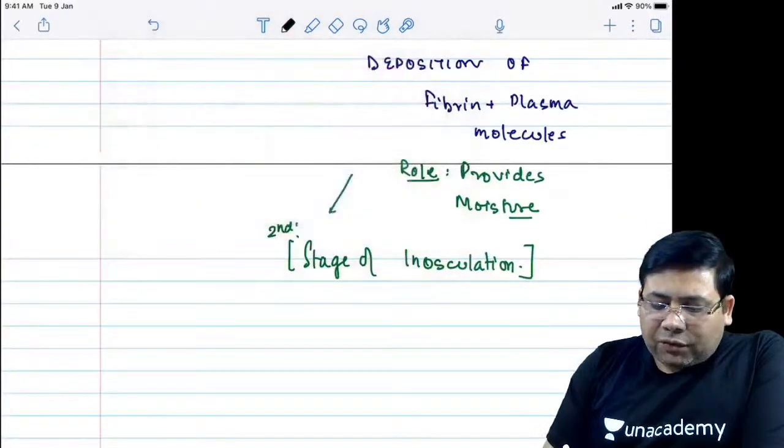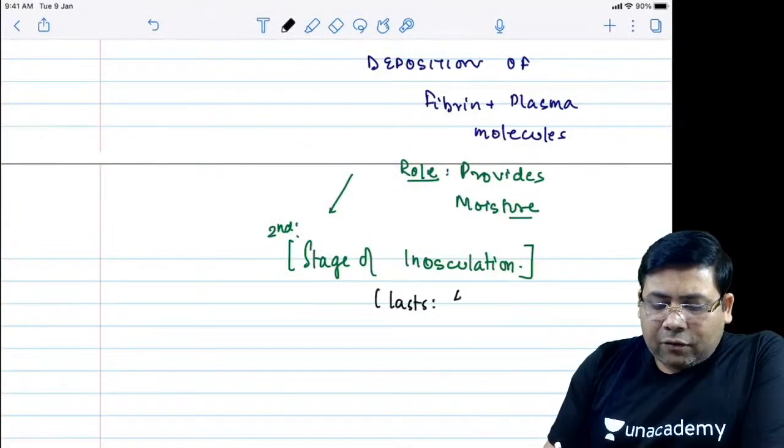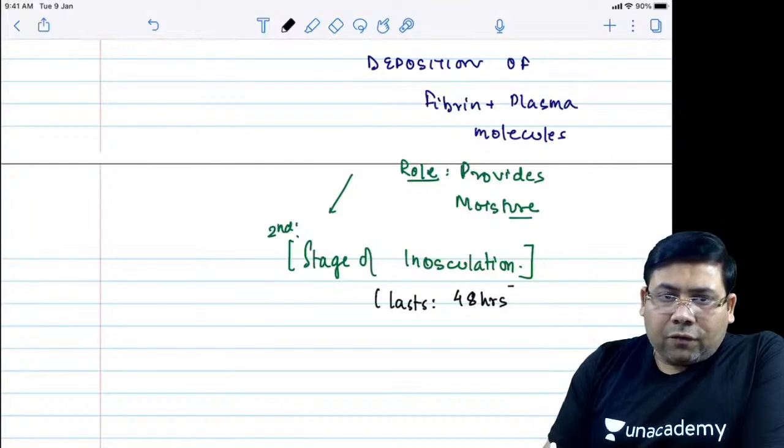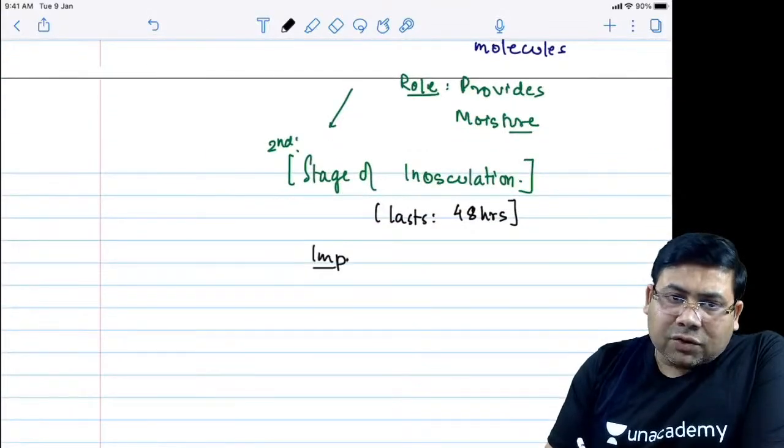When we talk about the stage of inosculation, it lasts for 48 hours. The important thing is, what is the stage of inosculation?